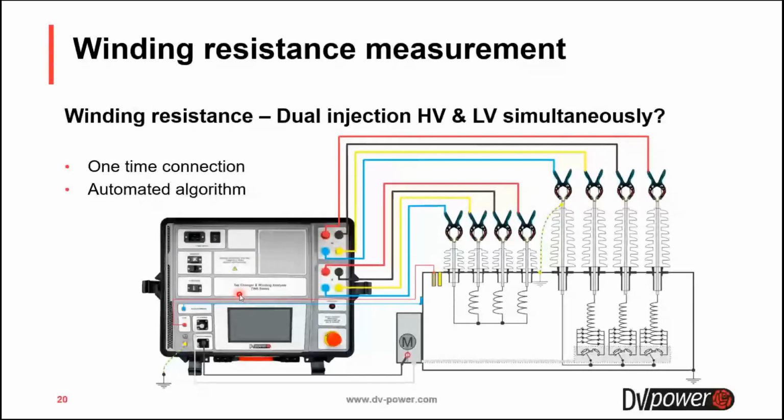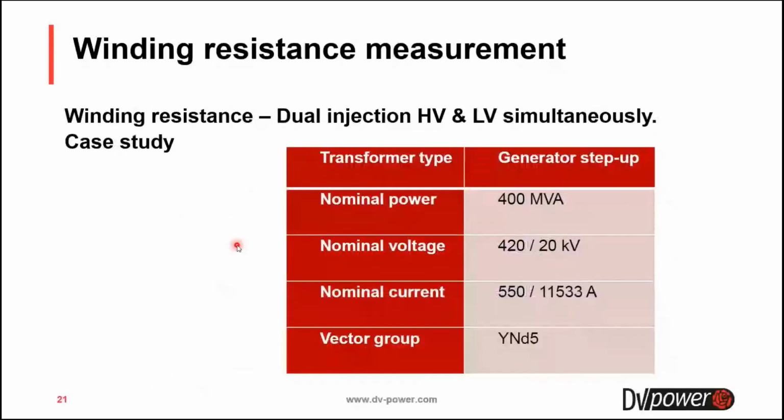I will show you one case study. We measured resistance on a high voltage transformer on a 1 GSI unit with 400 MVA and 400 kilovolts to 20 kilovolts nominal voltage. What did we do?